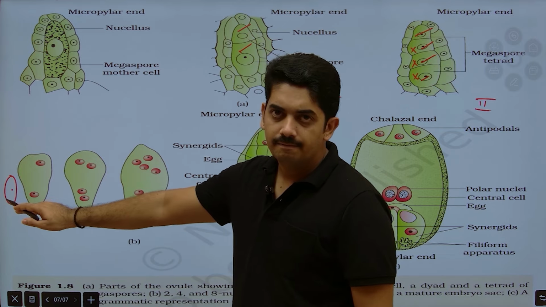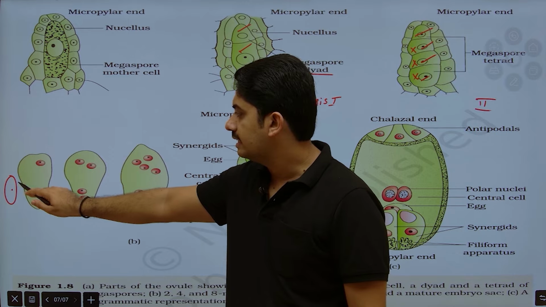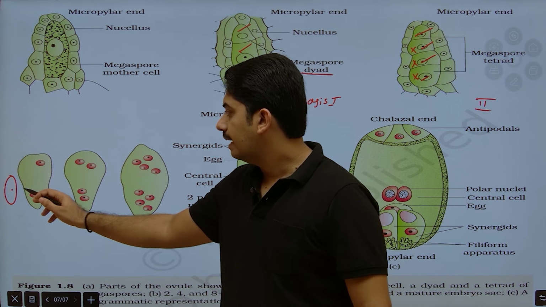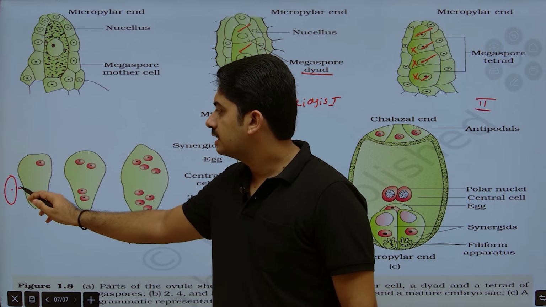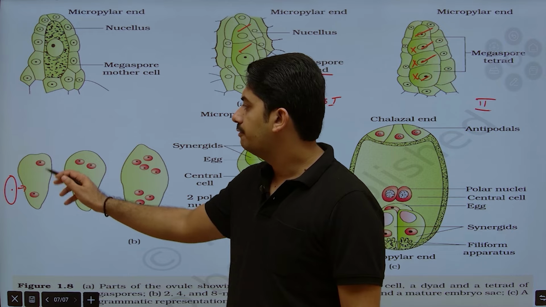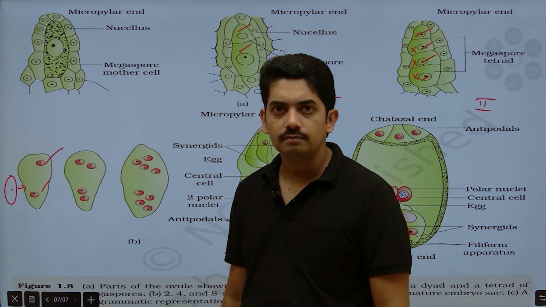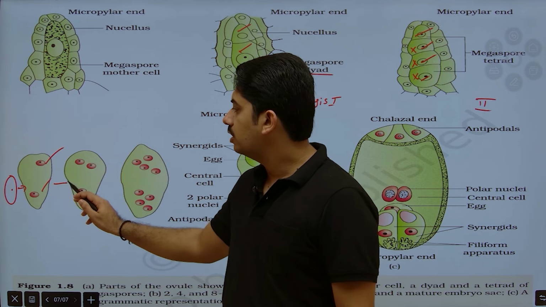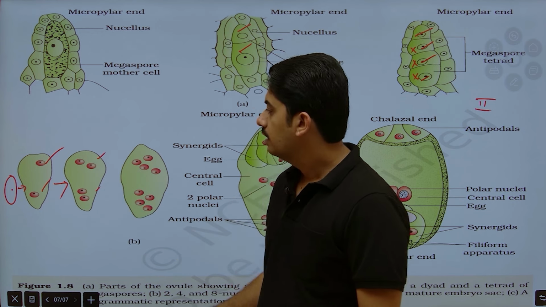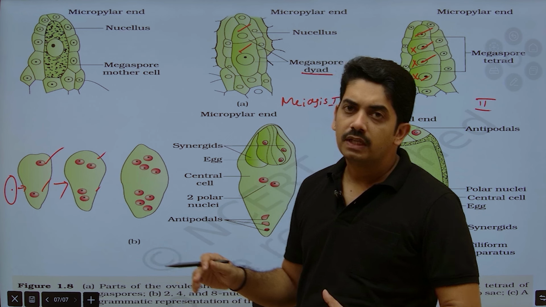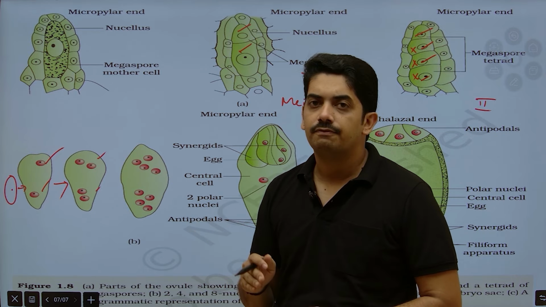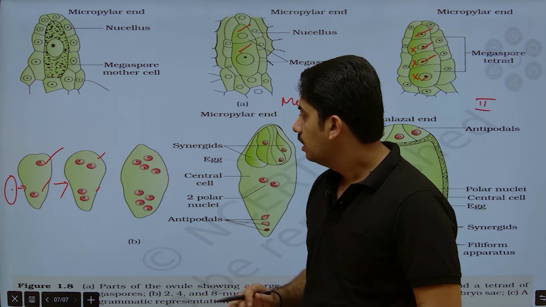Now the one nucleus present inside this embryo sac is a haploid nucleus. This haploid nucleus undergoes the first mitotic division. Remember, mitotic division, and forms two nuclei. Again it undergoes mitosis and produces four nuclei, and half of the nuclei move towards one polar region and the other half move towards the other polar region.